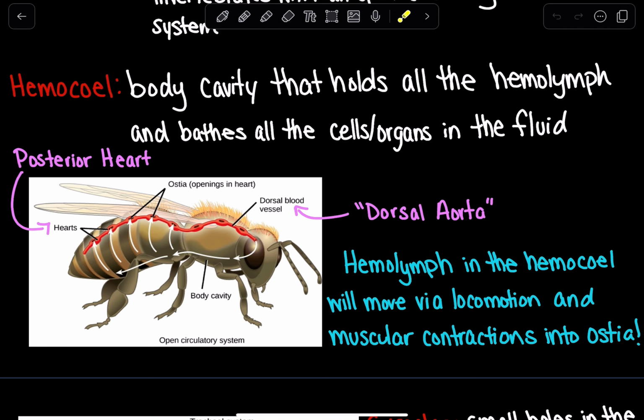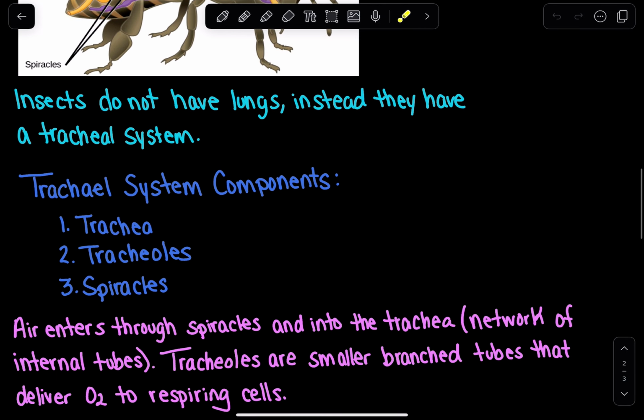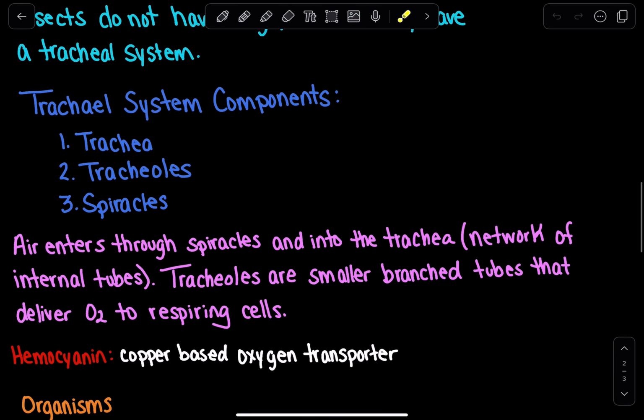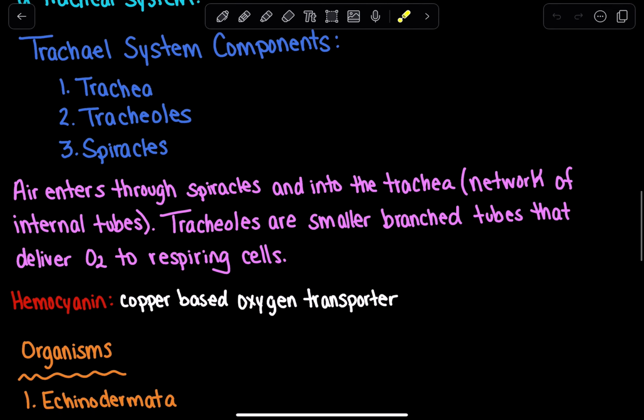Now, that's actually a very interesting question, because the answer is not quite straightforward. When we think about invertebrate circulation and oxygen transportation, hemolymph is not a very good transporter of oxygen. Within hemolymph, we have a compound called hemocyanin, which is a copper-based oxygen transporter, but it's not a very good transporter.